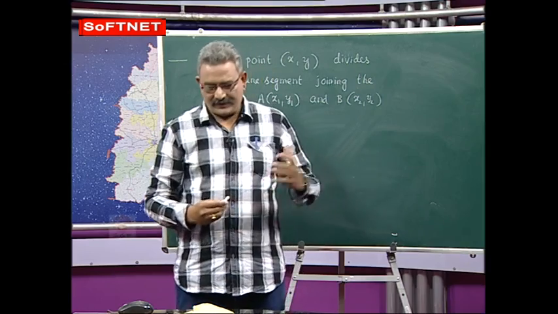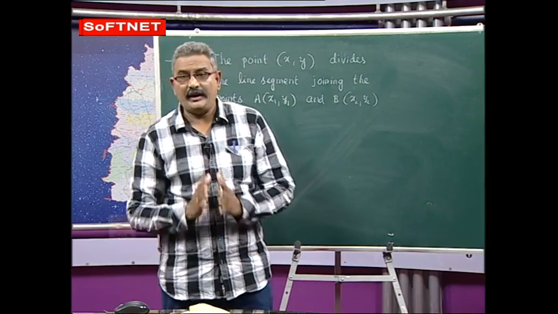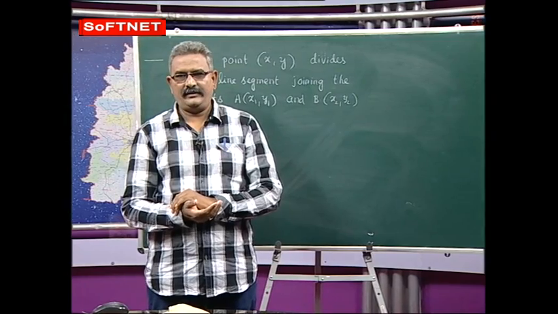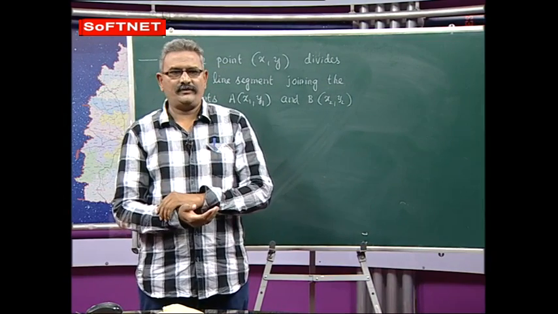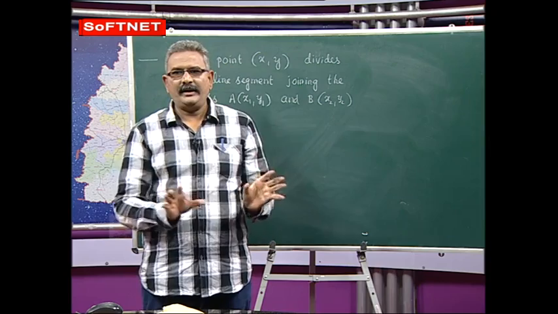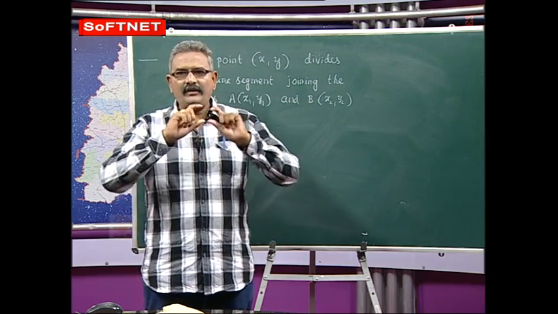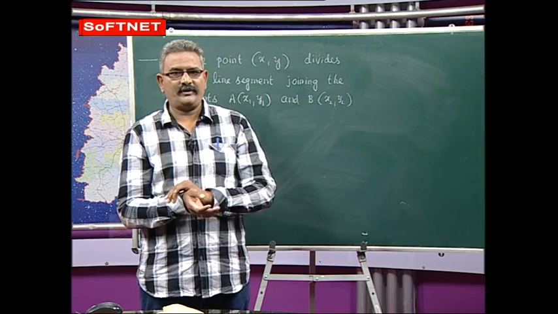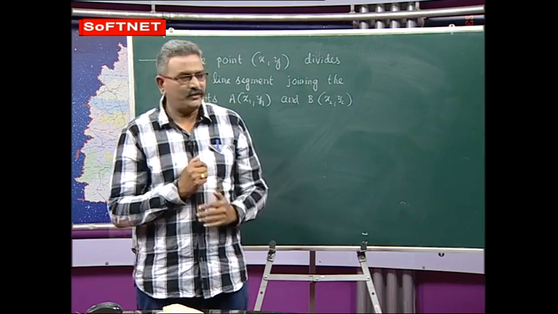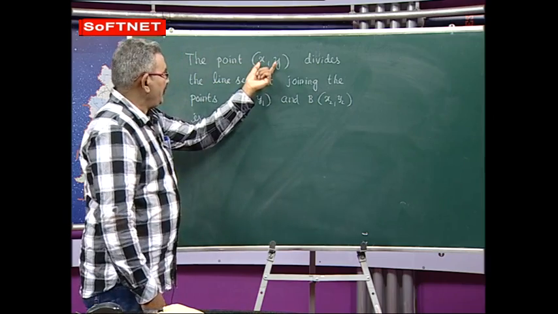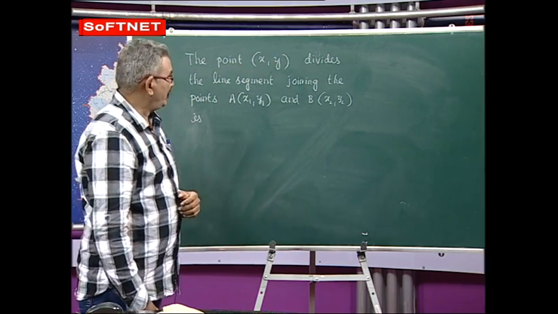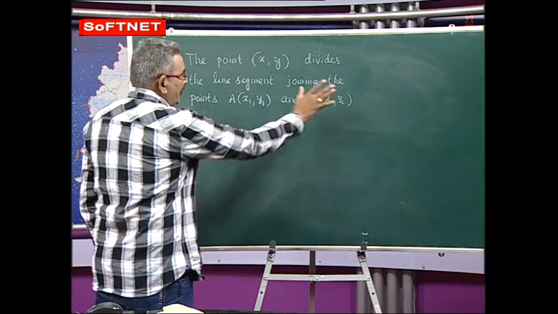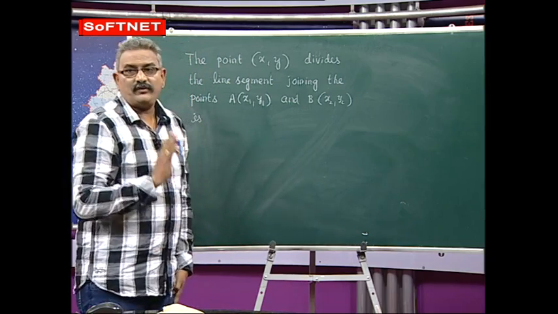First, let us have a discussion. Here, A (x1, y1), B (x2, y2) and (x, y) lie on the same line or the same segment. At what ratio the point (x, y) divides the line segment joining the points (x1, y1) and (x2, y2), that we have to find out.